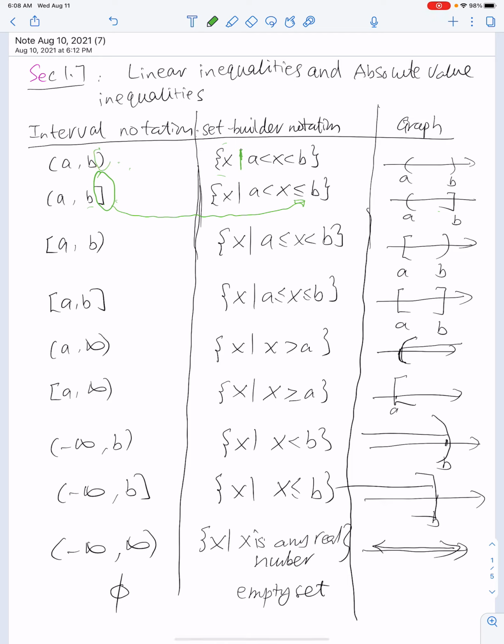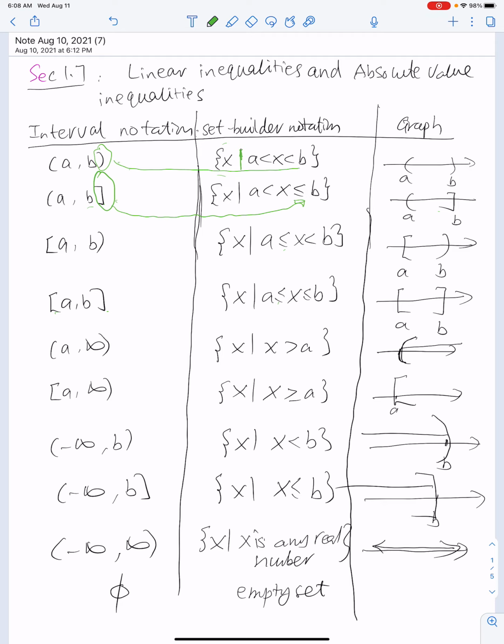And if you have a parenthesis, there is no equal sign. With me? So this is one big difference. Bracket means equal sign. Less than or equal to means you include this point. And no equal sign means it does not include this point, does not equal this thing.